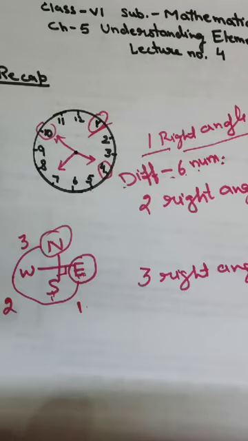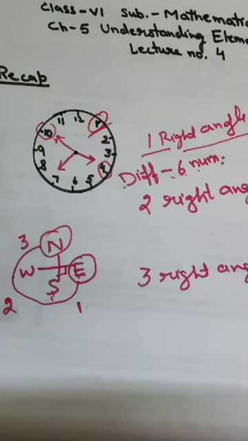See children, you have to keep in mind that right angles will depend on the difference between two numbers of the hand. Okay, the difference of the hand must be of 3 numbers.